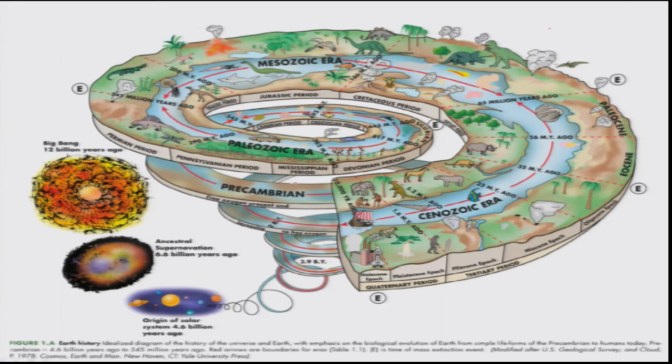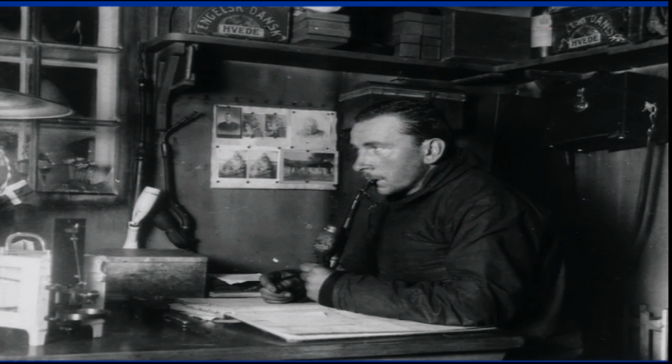I have already discussed this, so I will move ahead. This is the person who gave the theory and tried to explain that the plates or the continents which we see today were not at the same place in the past, but were together long back, and then moved from one place to another.